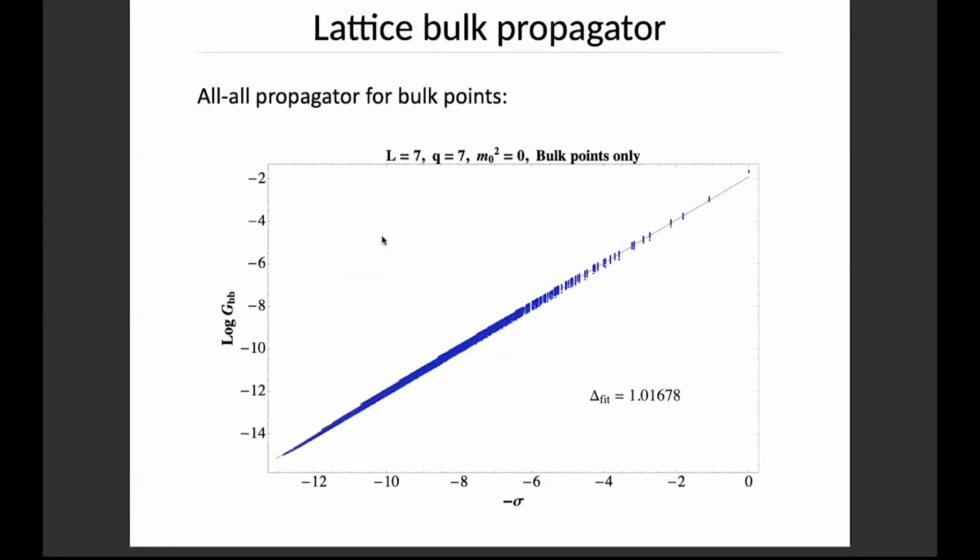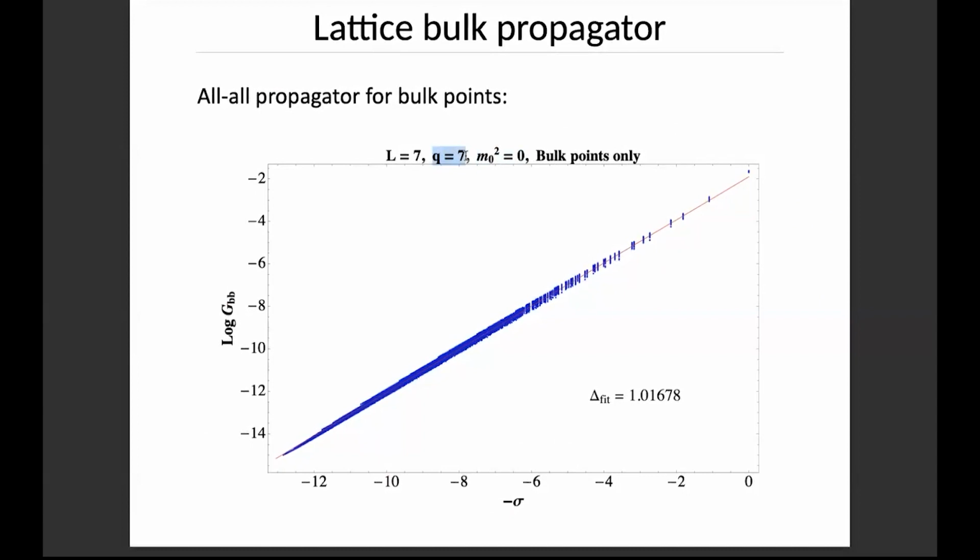So let's first look at the lattice bulk propagator. I'm taking the massless case here, and an L equals 7 lattice, so a pretty large lattice. This Q equals 7, I avoided talking about this, but it really just means I'm taking, again, 7 triangles around a single point instead of 8 or 9 or 10.